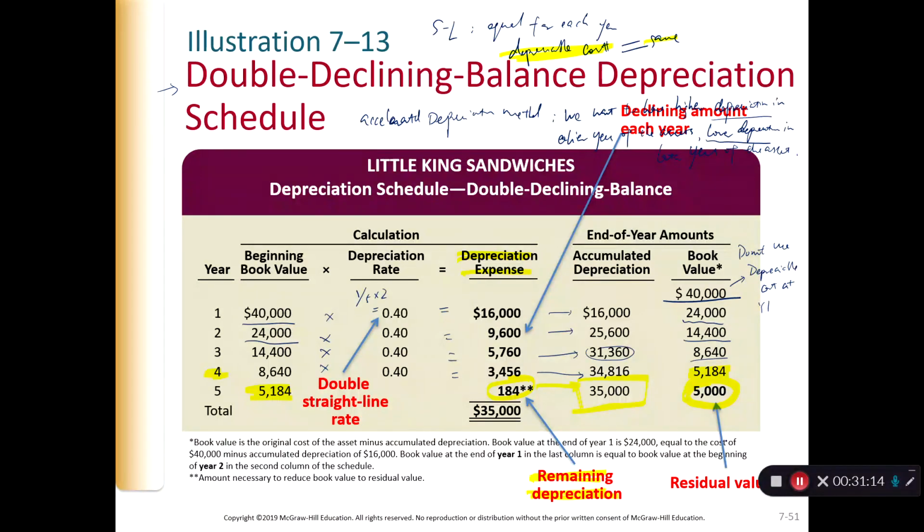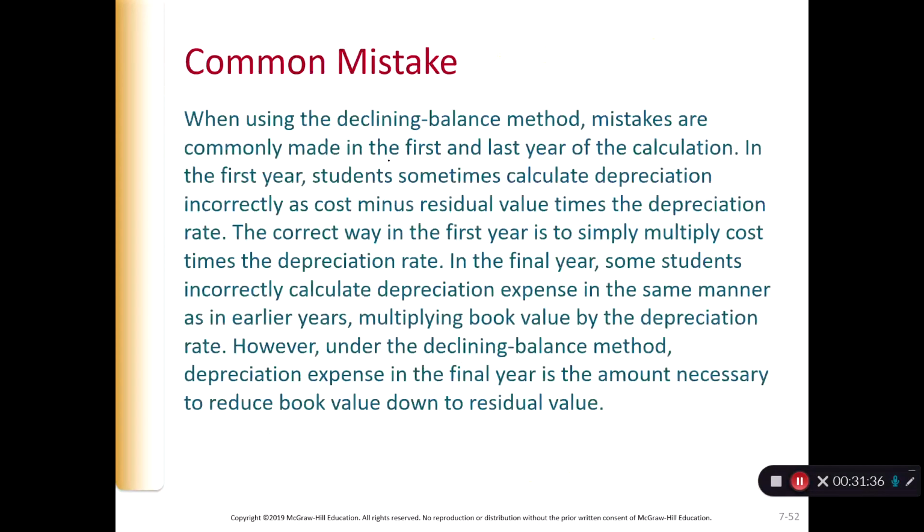And the residual value in the end still stays at 5,000, and the rate that you use from year 1 to year 4 is double the straight line. Therefore, the name of this depreciation method is double declining depreciation schedule, right?